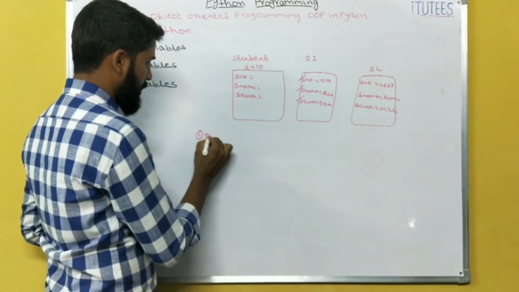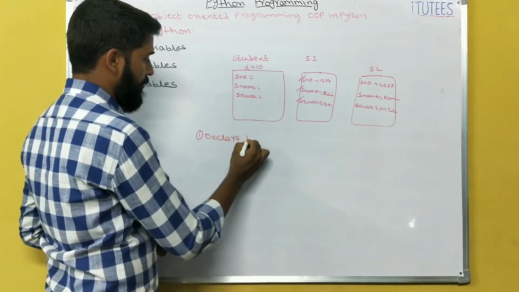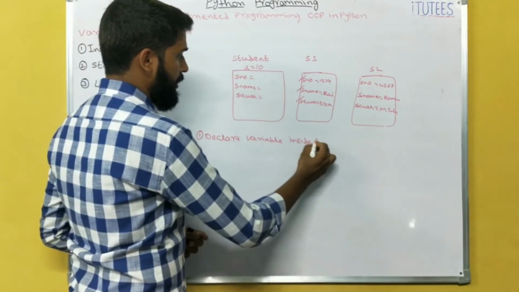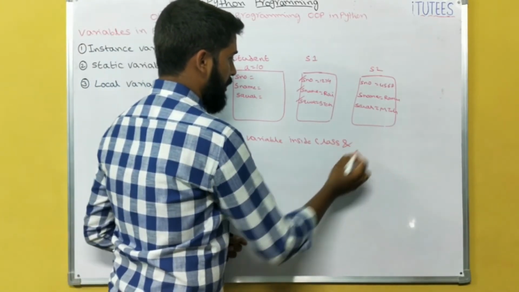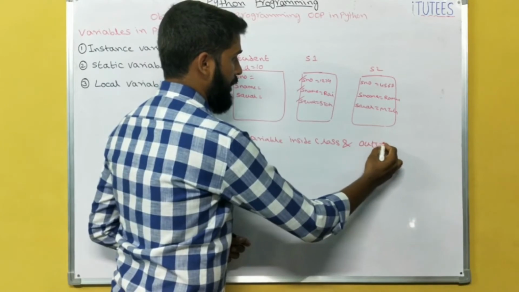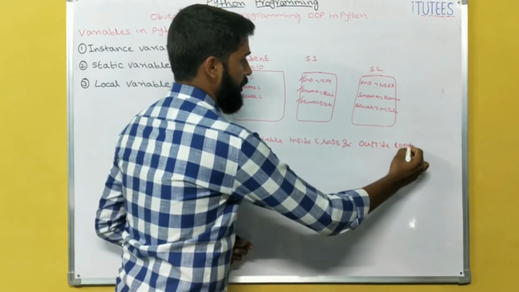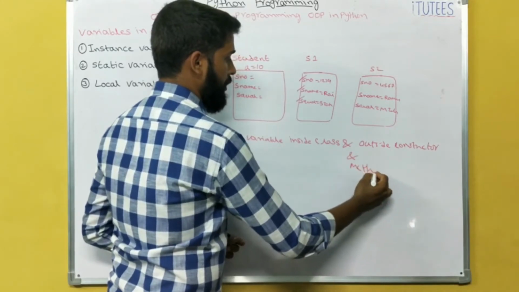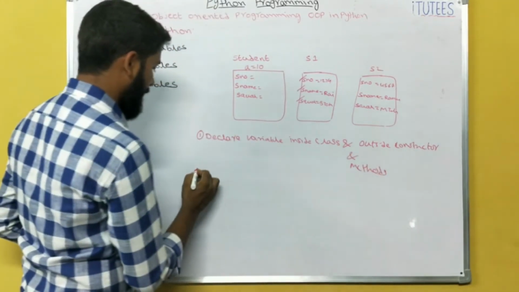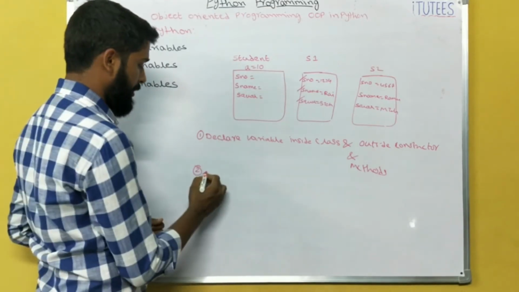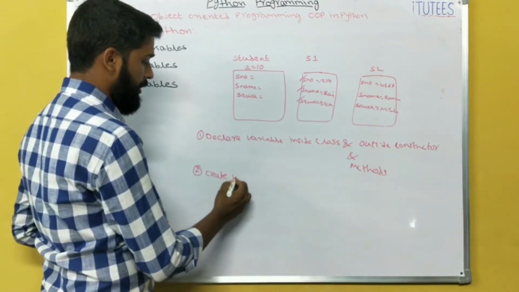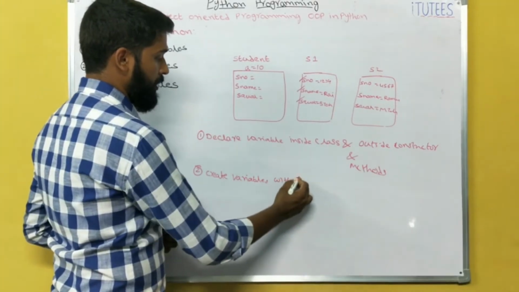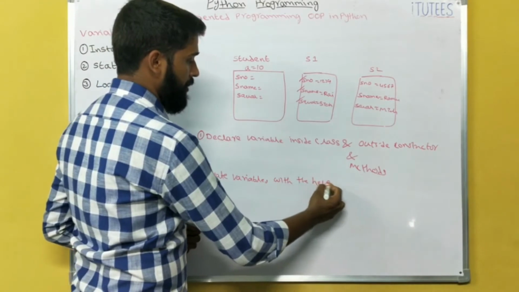One is to declare the variable inside the class and outside constructor and methods. The second way is to create variables with the help of the class name.